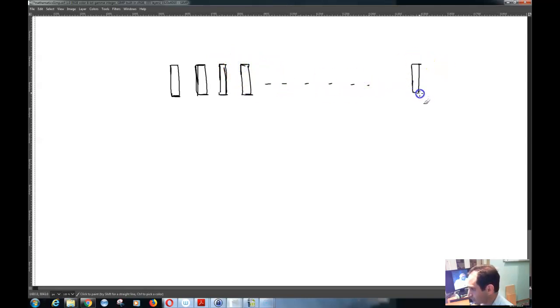For example, suppose that you have these blocks over here standing on their edges. You have this block over here, you have this block over here, and so on and so forth. And suppose that you have n such blocks.